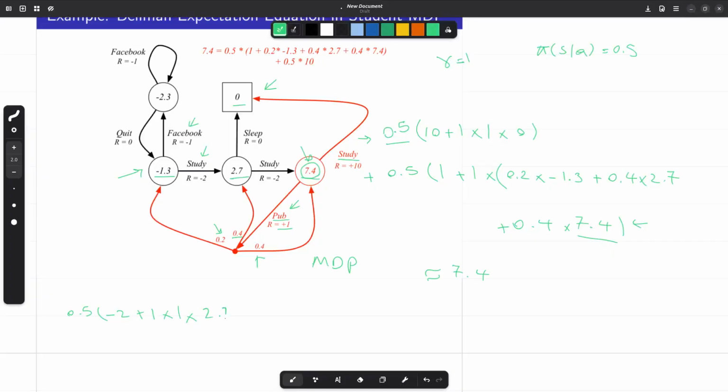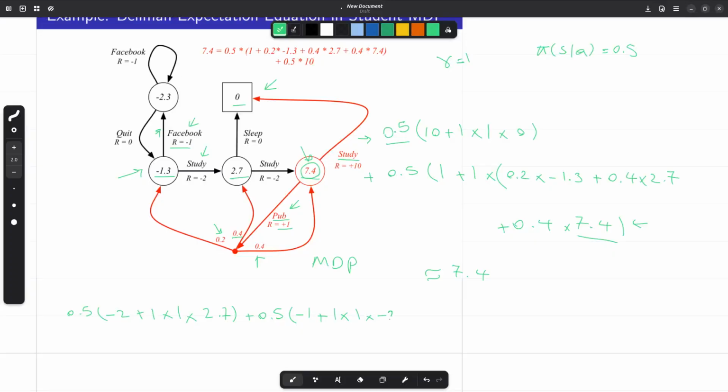So 2.7 plus, again, the probability of choosing the other action is 0.5, and I have to multiply it by the reward that I get, which is -1, plus my discount factor, which is 1. The probability of going to the next state, we have only one arrow here, which is 100% probability, times the value of the next state, which is -2.3.